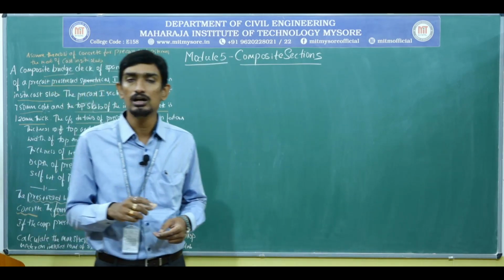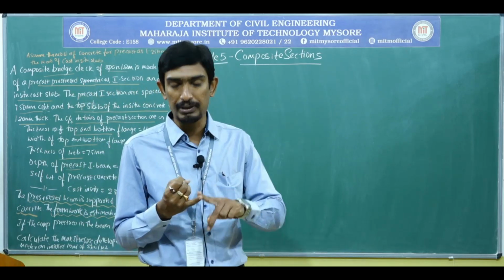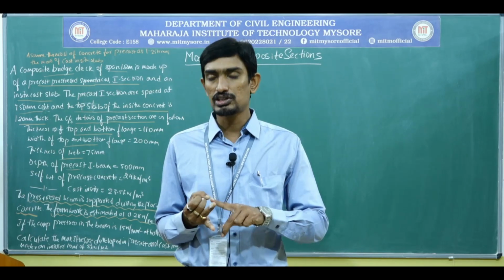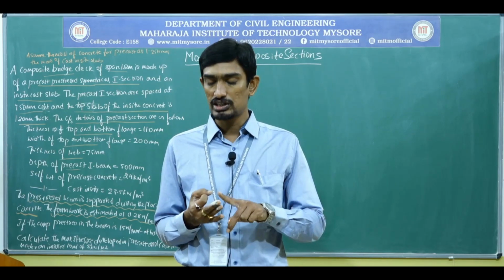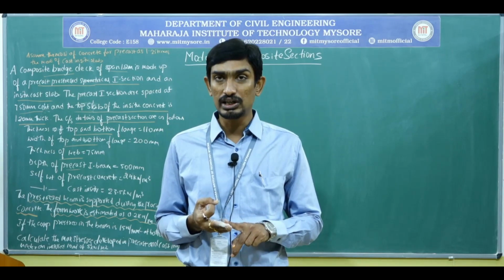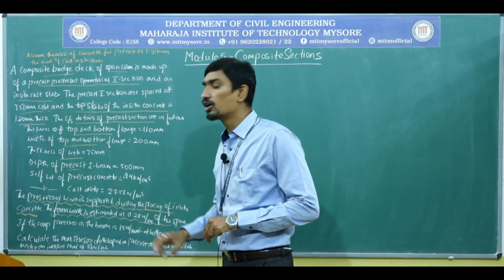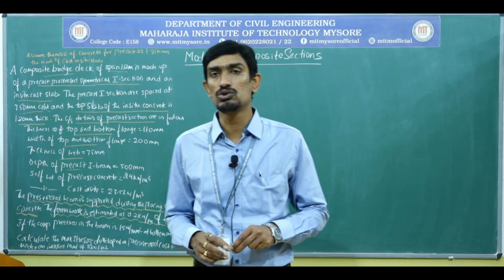In the last problem, this load was not given. This is the extra stress apart from the stresses due to the precast, the stresses due to the cast in situ slab, and the stresses due to the composite section. The one more stress I need to consider is the stress due to formwork.